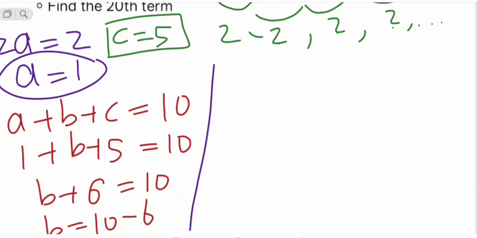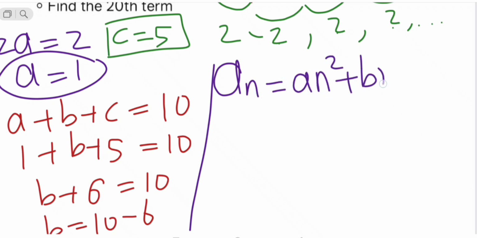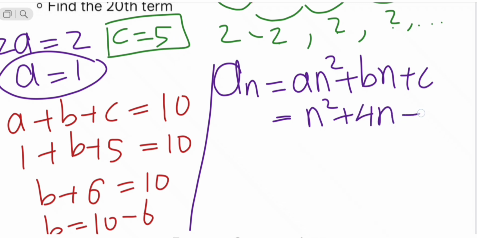So what is the general form of the sequence? an equals a n square plus bn plus c. What is a? a is 1, so we don't write it: n square, plus what is b? It is 4n, and what is c? It is 5. So you can write an or un, same, no problem.